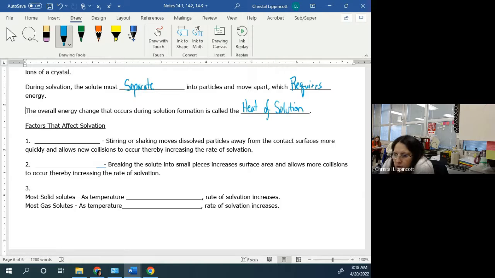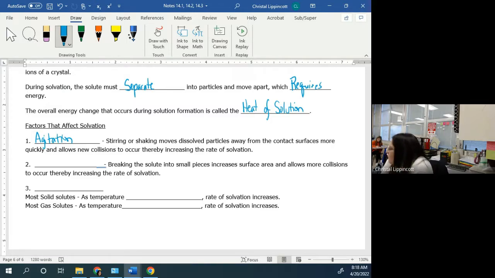All right. So agitation then, which you could stir or shake. And you do this a lot of times in cooking. Think about when you're trying to get things to mix together. You're agitating them somewhat.